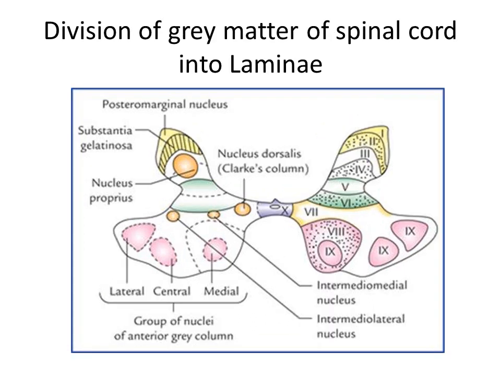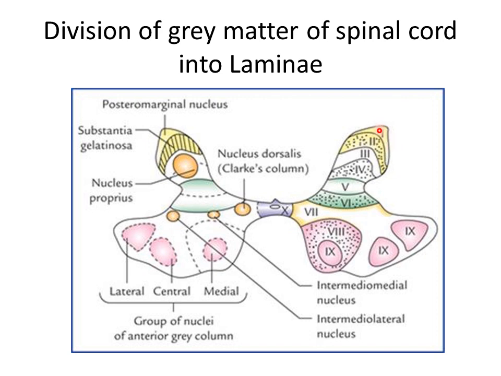So studies have shown that from the point of view of neuronal connections, the gray matter of the spinal cord may be divided into 10 areas or laminae. Now, lamina 1, you can see here in this diagram, corresponds to the postero-marginal nucleus, the lamina marginalis.